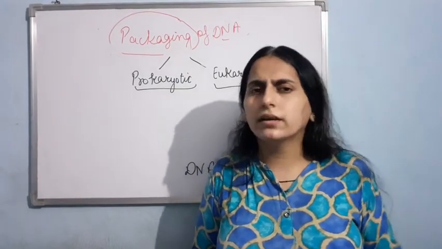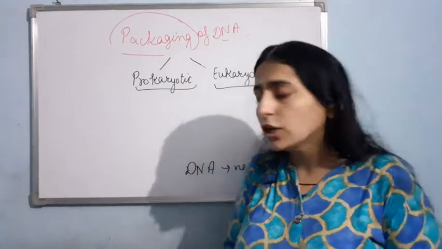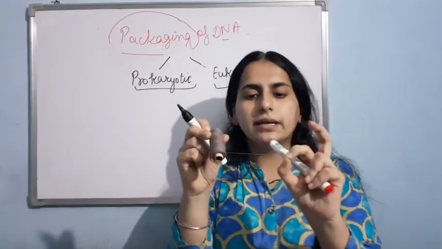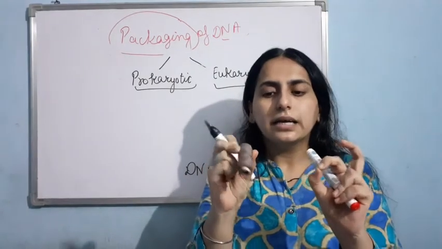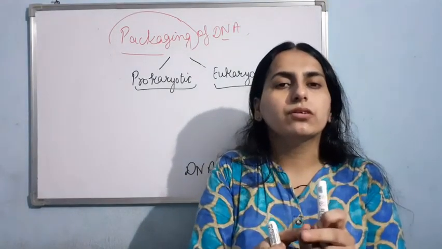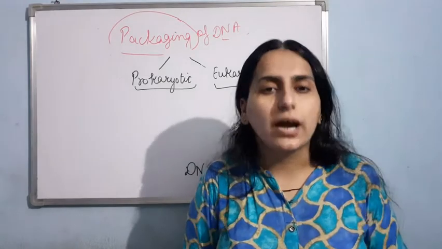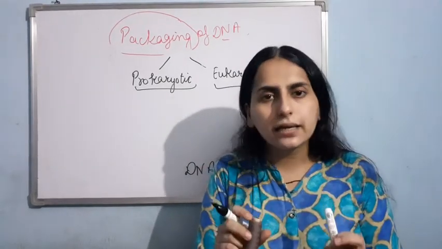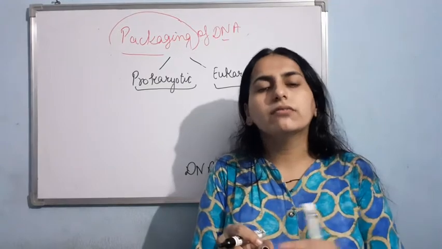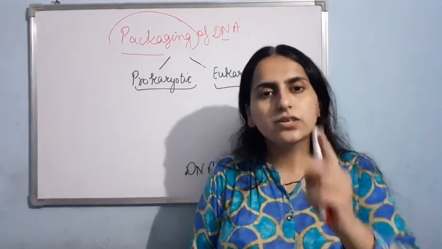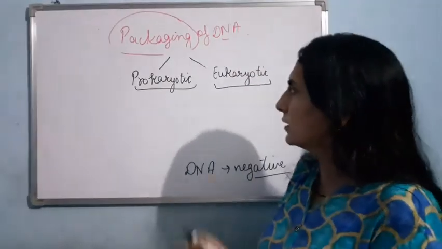This you have done in physics and chemistry, right? So if this thread is our DNA, then this cylindrical structure must contain a positive charge. As my DNA is negative, the thing over which the DNA is wound must contain which charge? Positive. Now let us study.